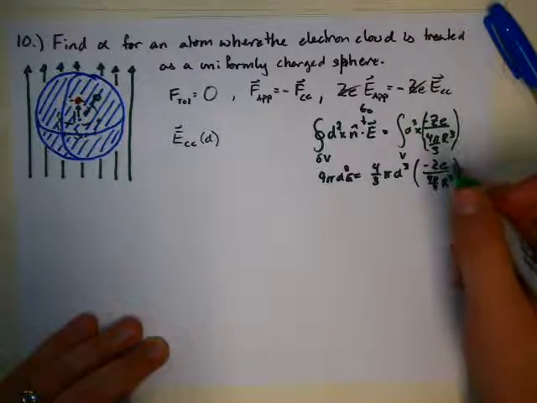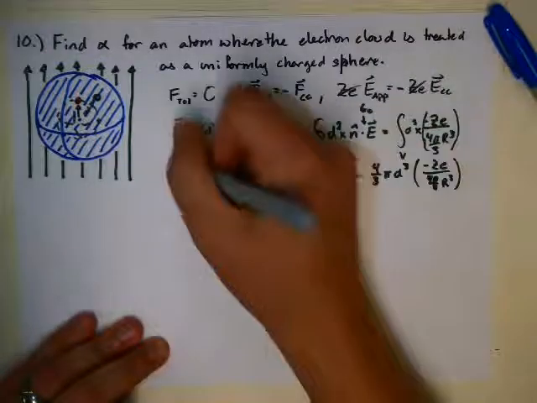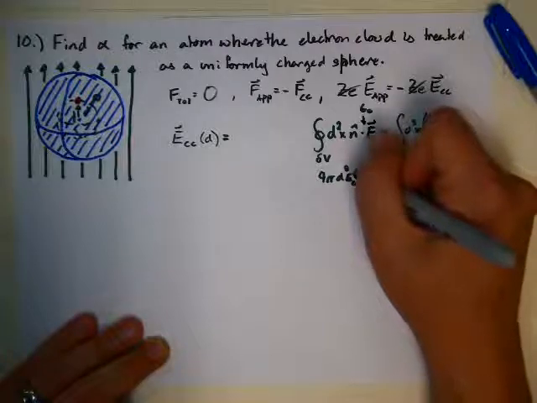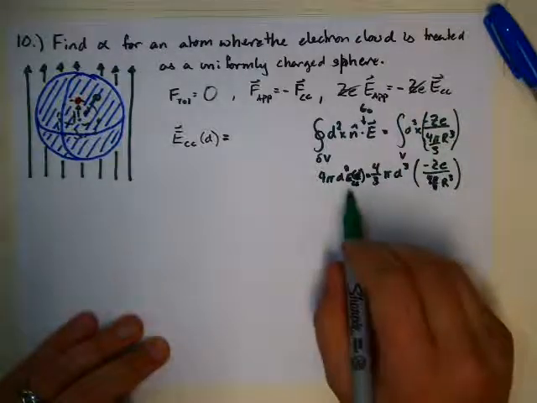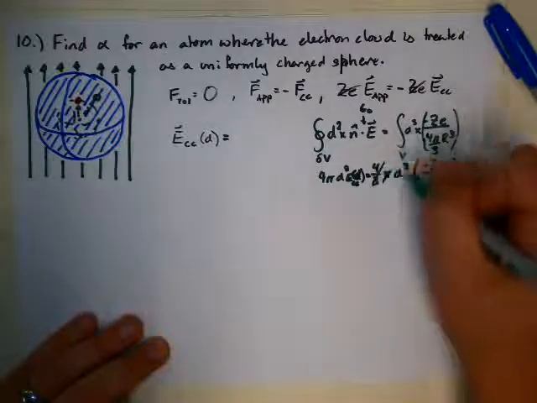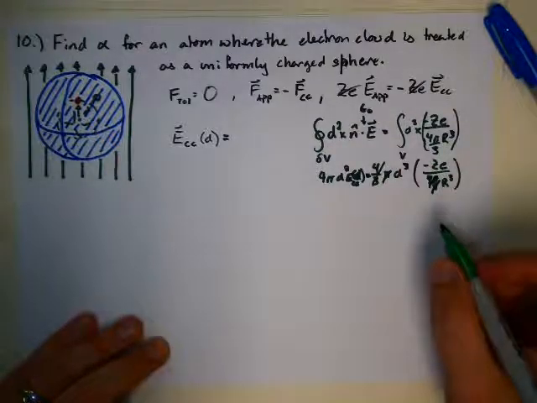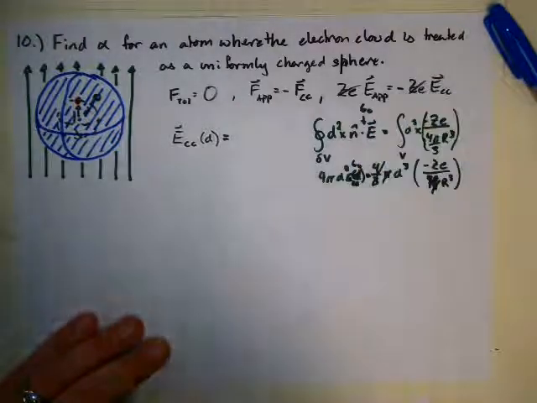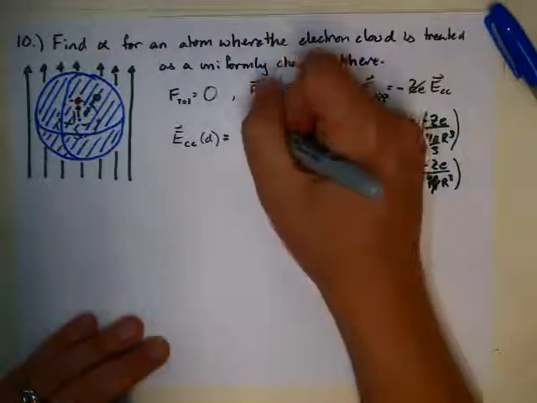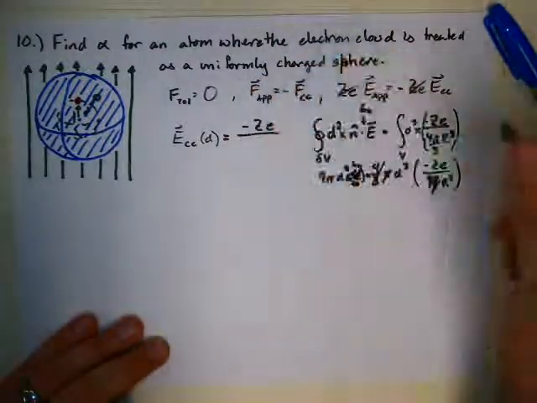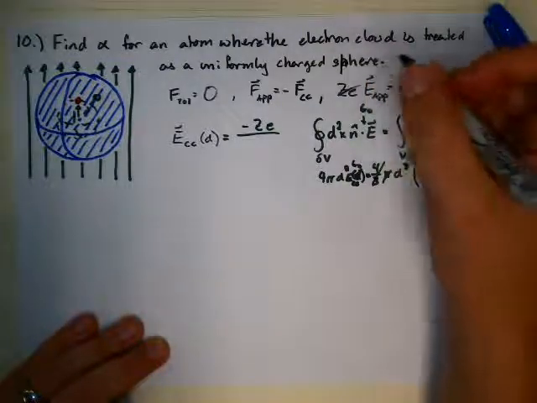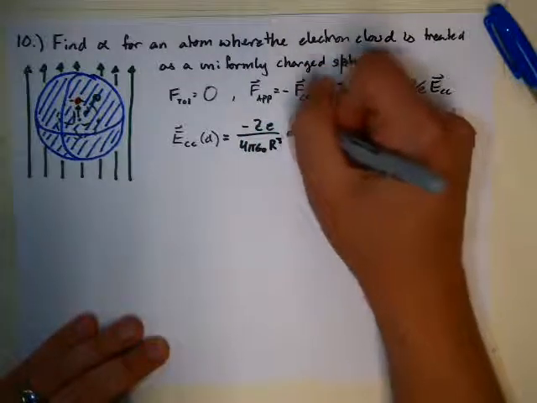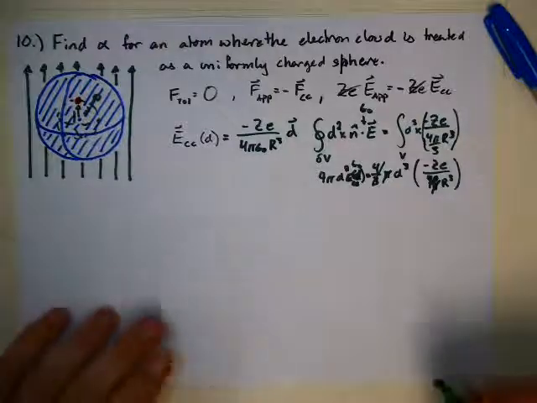What we're going to find is that for the electric field due to the charge cloud, these 4/3 pi's cancel, and we divide by 4 pi epsilon naught, so we have minus Ze over 4 pi epsilon naught R cubed times d, like that.